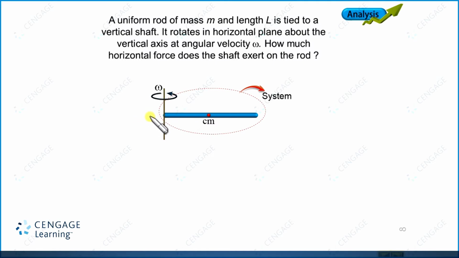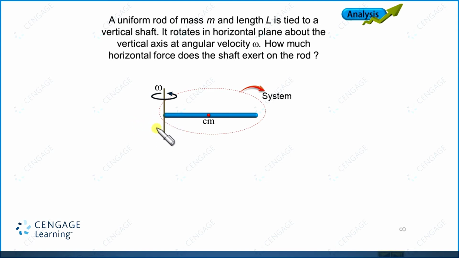As we know, the center of mass is rotating about the shaft. That means it should have a net force in this situation of the diagram in the leftward direction. That means centripetal force should be toward the leftward direction. So in this situation given in the figure, the net force applied by shaft on the rod should also be in the leftward direction.